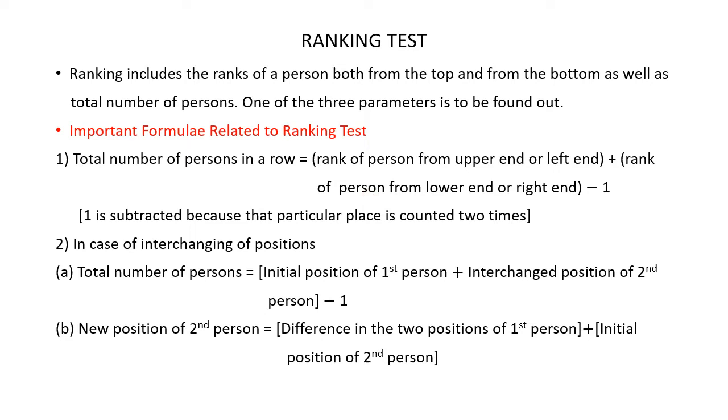Supposing you have to find the rank of a person from the lower end or the right end, then the formula becomes total number of persons in a row minus rank of person from upper end or left end plus 1. So with this single formula, you can find either the total number of persons in a row or rank of a person from upper end or left end or rank of person from lower end or right end.